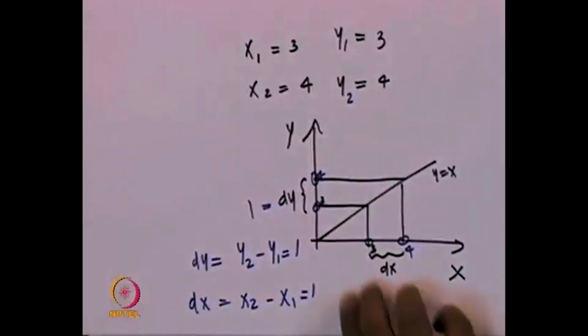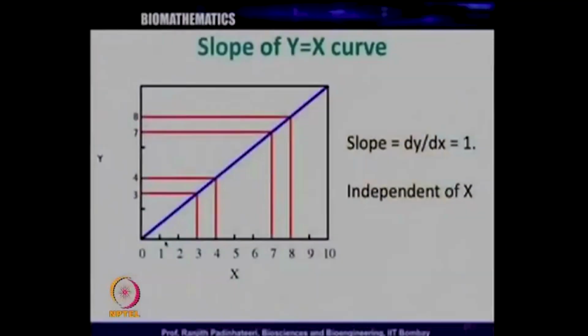Let us have a look at this graph once more. This dy by dx, which is how much y changes when you change x by a certain amount dx, is called the slope, and if you calculate it for this curve, you will get that dy by dx is 1. So, if you take the y equal to x curve and calculate dy by dx, you will find that dy by dx is 1.